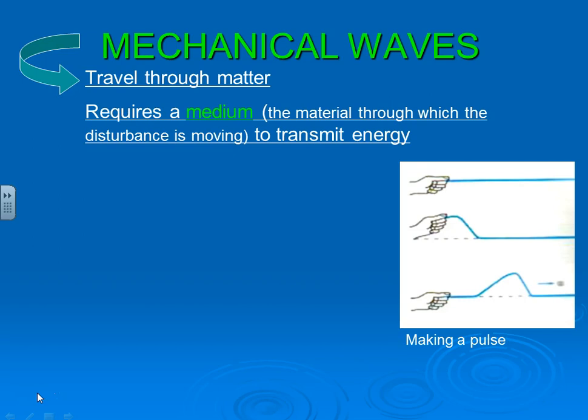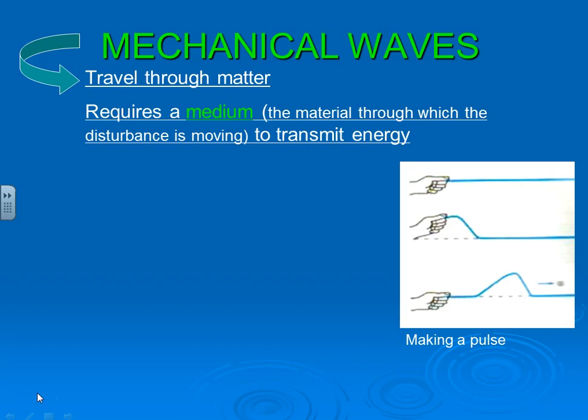Okay, let's talk about this word medium. Mechanical waves need a medium to transmit energy, to move energy. The word medium is not talking about the size shirt or pants that you wear. It's another word for matter. The medium is the material that the disturbance is moving through.